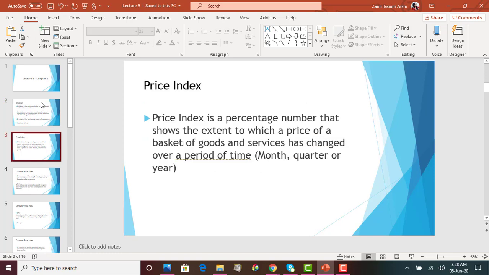So last class we also saw that we use a metric called price index in order to take out the impact of inflation from GDP or income.